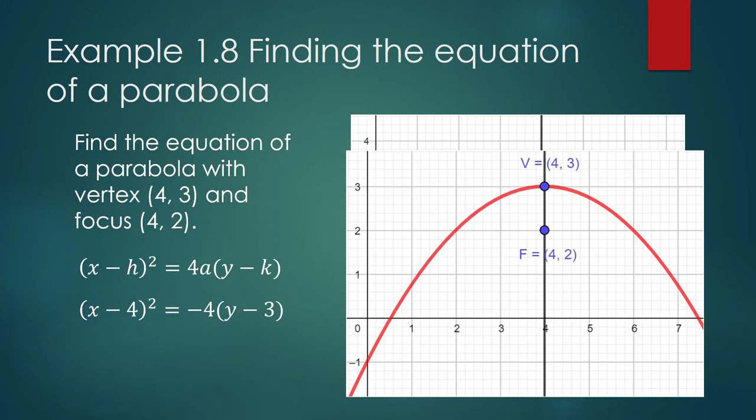So what is the directed distance of your focus from the vertex? It's not 1, it's -1 because our focus is below the vertex. It's -1. 4 times -1 is -4. So this one is our equation for a parabola with vertex (4, 3) and focus at (4, 2).